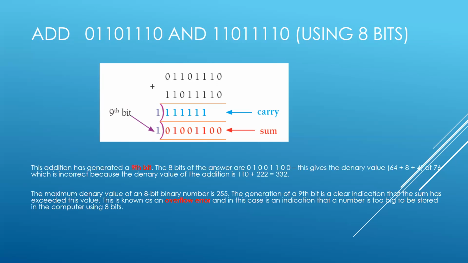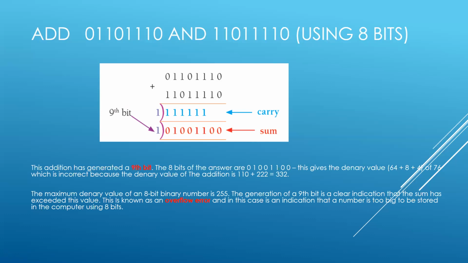Look, you can see when we perform this addition, this has resulted in generating the 9th bit. And like I told you, if you want to verify your answers, you can convert the binary number into its equivalent denary number and then add them, and then you will get the answer. And you can see for yourself that if you just take these 8 bits, which are 0, 1, 0, 0, 1, 1, 0, 0, this will give you the answer as 76, isn't it?